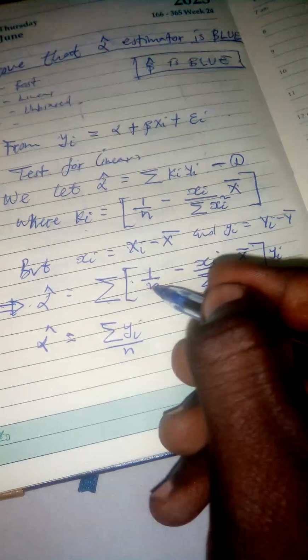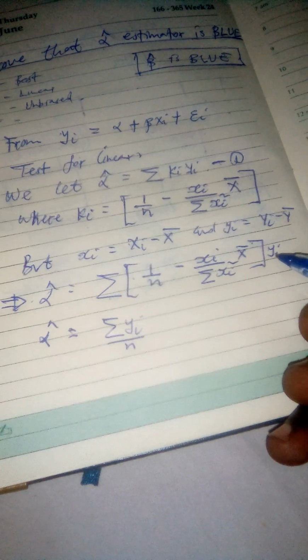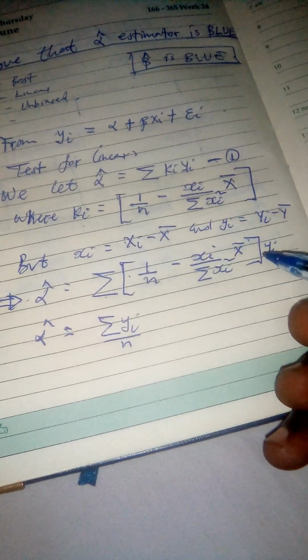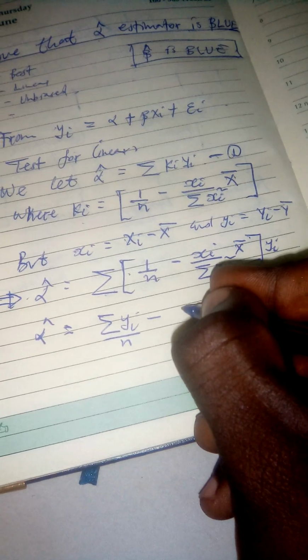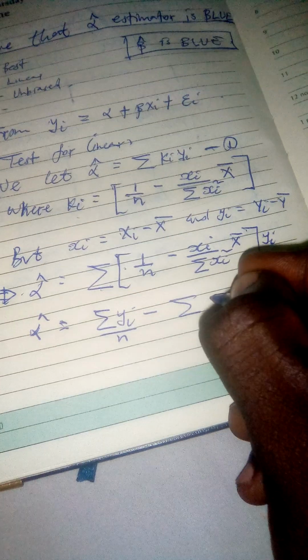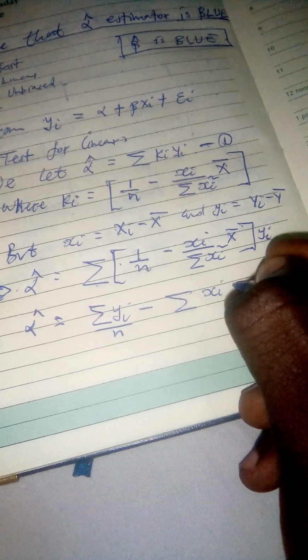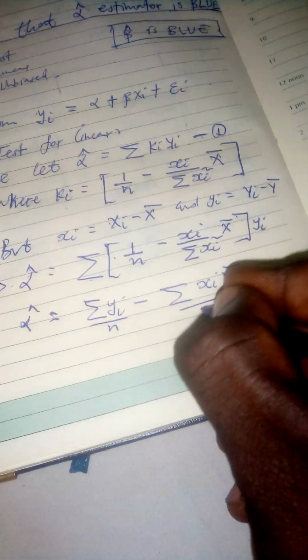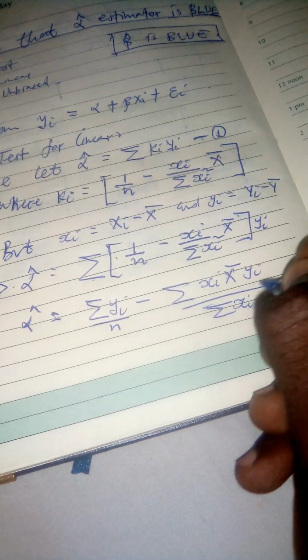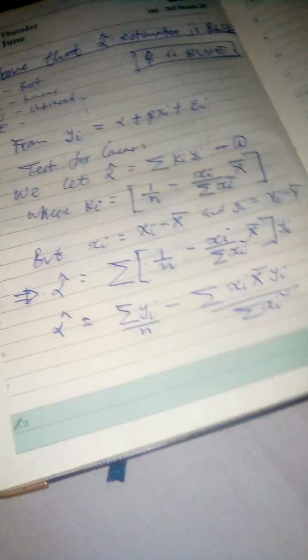Once you open these brackets, you will remain with yi over n minus the summation of xi x bar yi over the summation of xi squared.